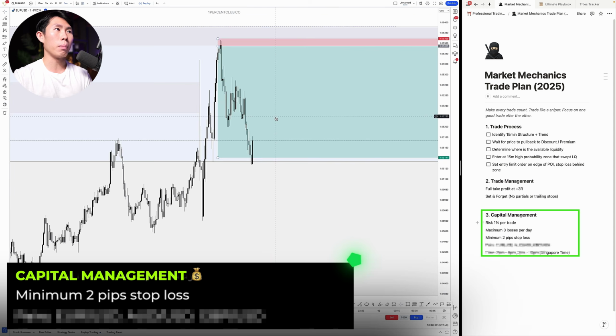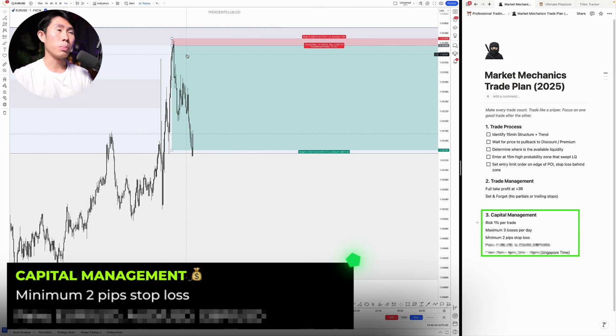When it's so tight, you must be very, very careful, because remember, there is a spread, a bid and ask spread that you actually pay to the broker when you enter into the trade itself. So by having a minimum 2 pip stop loss, this takes into account the bid and ask spread as well, to ensure that I don't get stopped out because the broker is being stupid. So yeah, for the love of God, give your stop loss at least a little bit of breathing room, make it at least 2 pips.